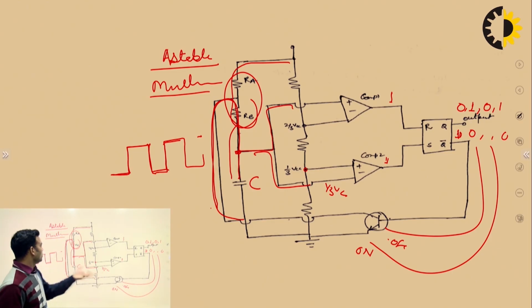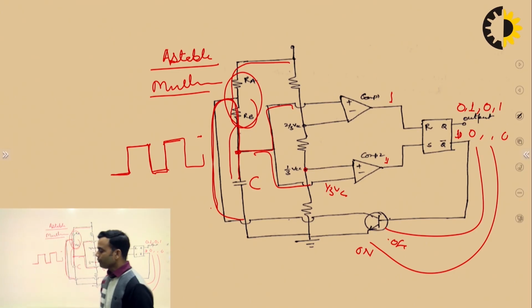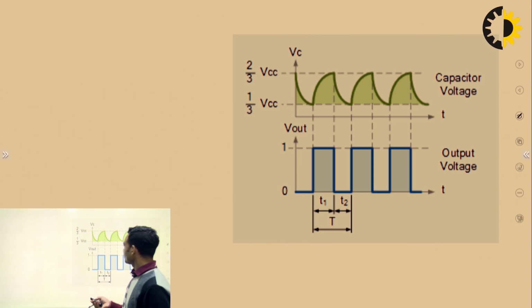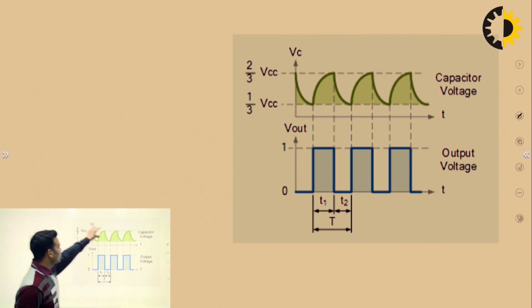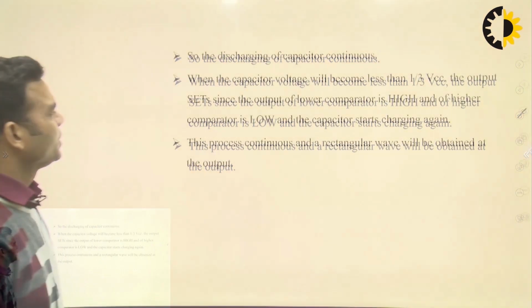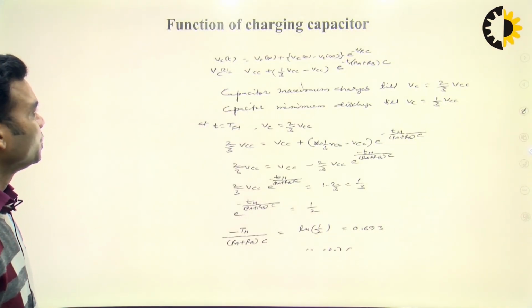So, this is how this circuit will generate the waveform like this. You can see this is the voltage across the capacitor, discharging, charging, and this is the output of this circuit. This is the working which I have already discussed with you.